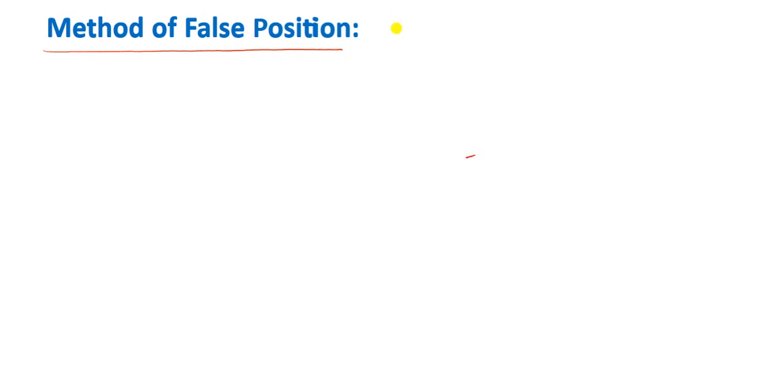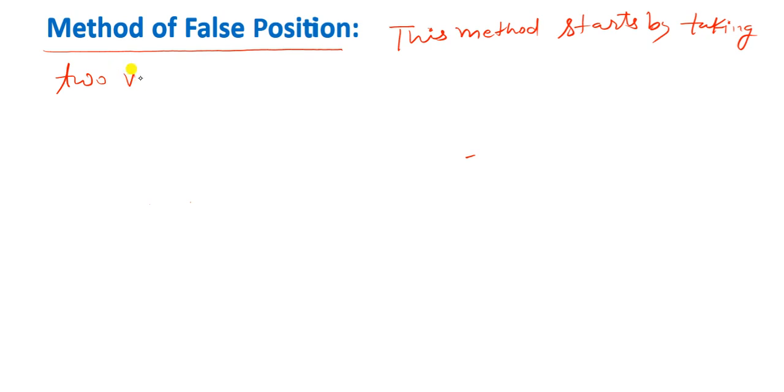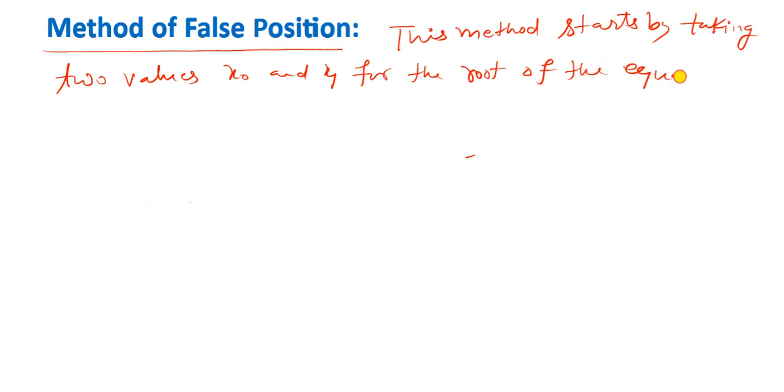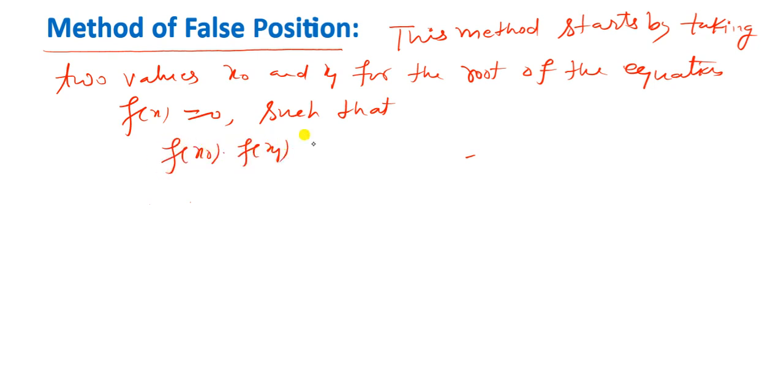So this method starts by taking two values x0 and x1 for the root of the equation f of x is equal to 0 such that f of x0 into f of x1 would be less than 0.